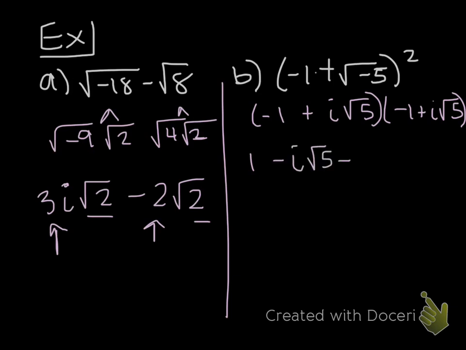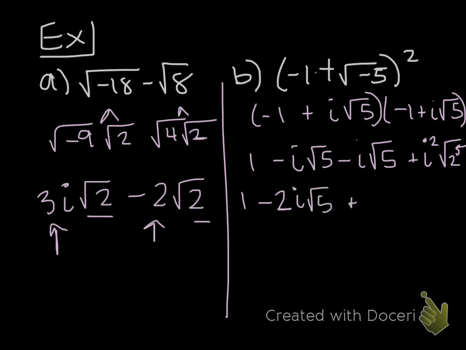I'll have another negative i root 5. And then we'll have plus i squared square root of 25. And it looks like I ran out of room. 25, there we go. All right, so I have 1, then I'll have minus 2i root 5.